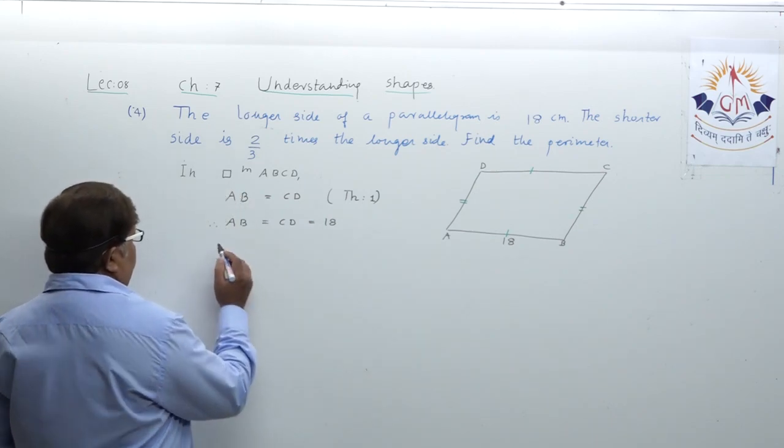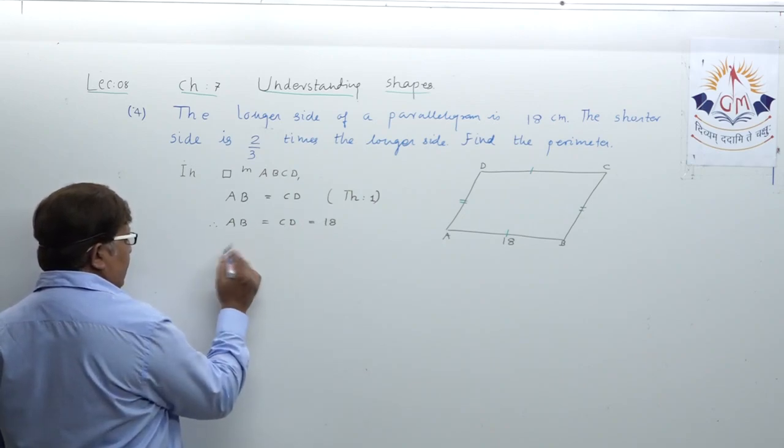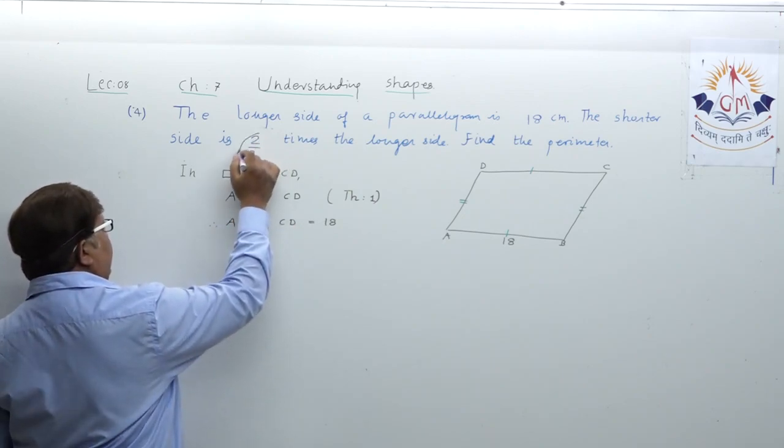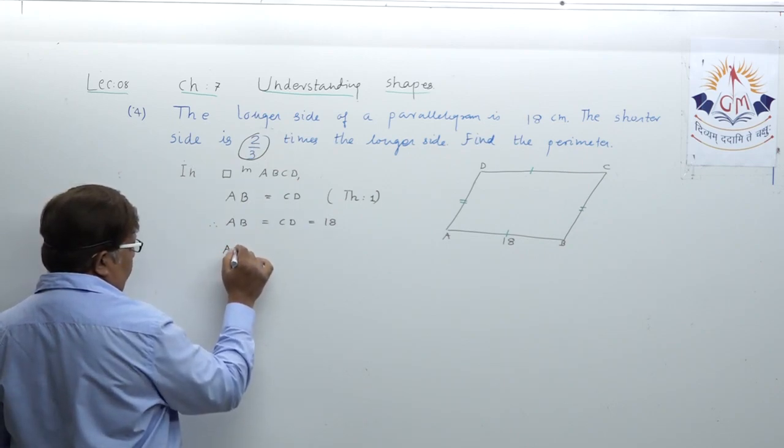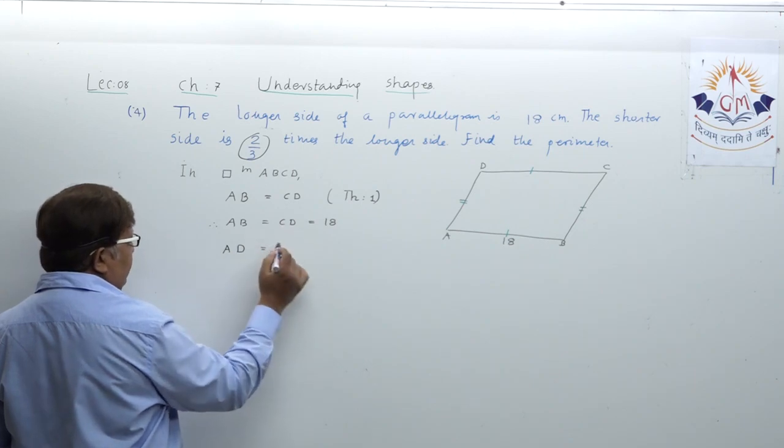Okay. Now let us execute this data which has been given. I am writing one of the shorter side AD. You can take BC also.